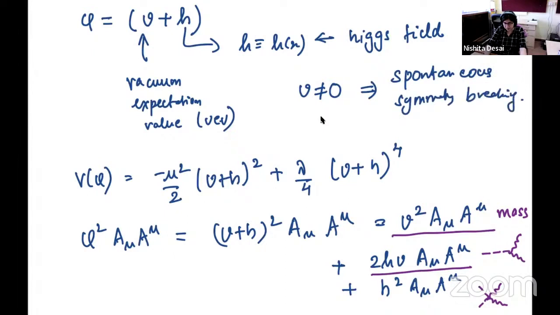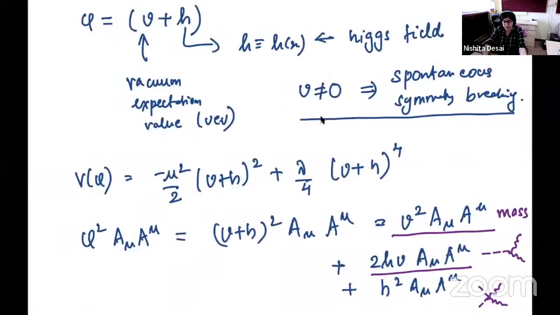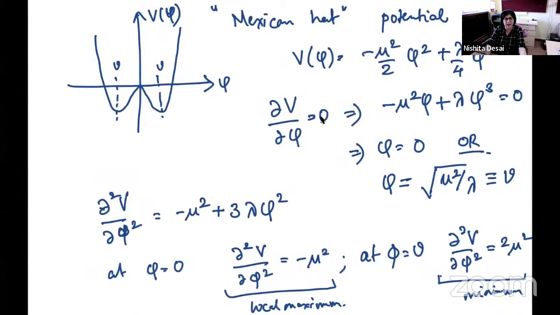And the reason it's called that is because your Lagrangian is explicitly invariant under gauge transformations. So there is nothing in this Lagrangian that breaks your gauge transformation symmetry. However, your vacuum is inherently unsymmetric, right?